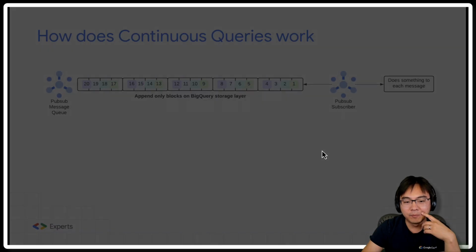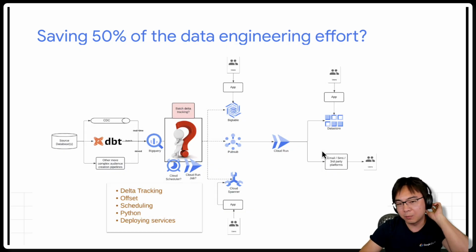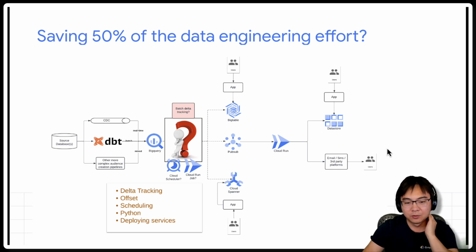So where does this 50% come from? Where did I come up with that number? If you think about what data engineers do these days, a lot of the time you have source systems from the left.